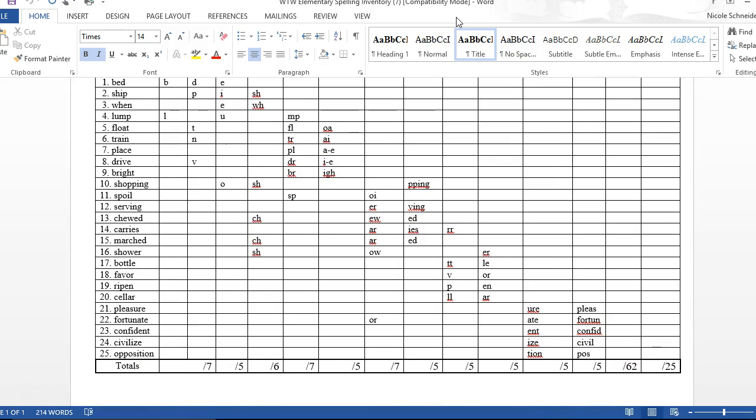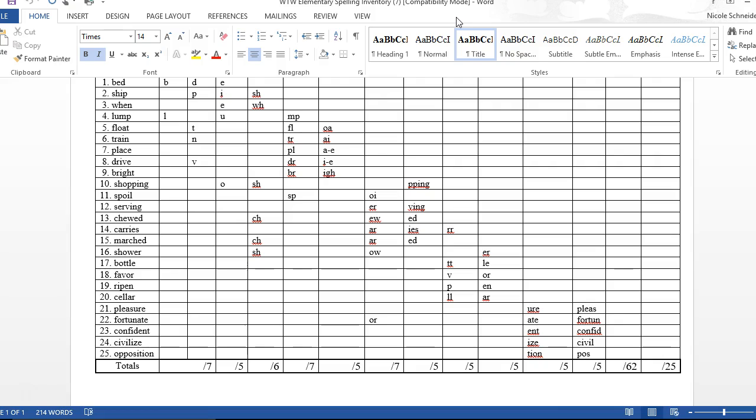But as you can see as it moves on, like if I'm looking at number 11 here, spoil, I put a tally mark if they got the SP. I put a tally mark if they get an OI, but there isn't one for L. And that's just because we've already done ending sounds and we're beyond that now. Now we're looking for other spelling features.